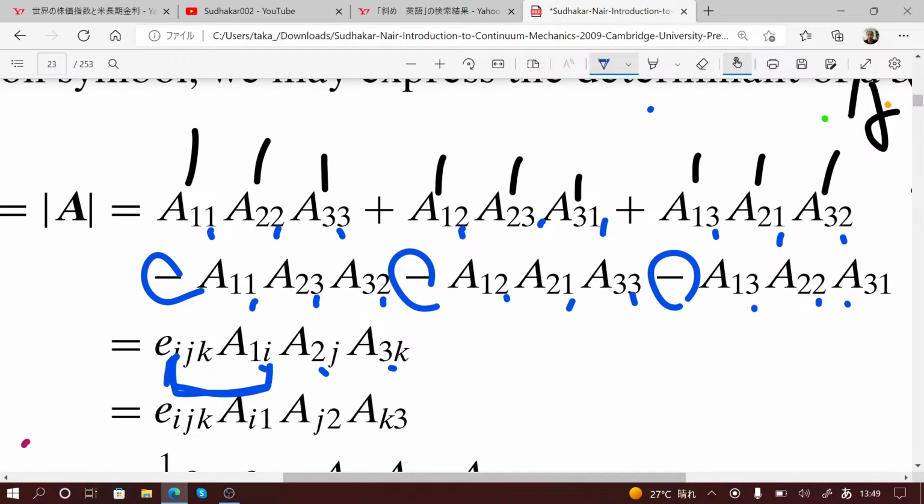In this way you have 1 2 3, A_{11}, A_{12}, A_{13}. I think you can do this way.